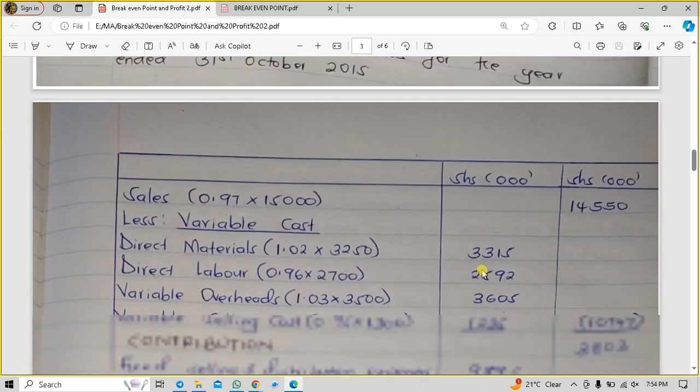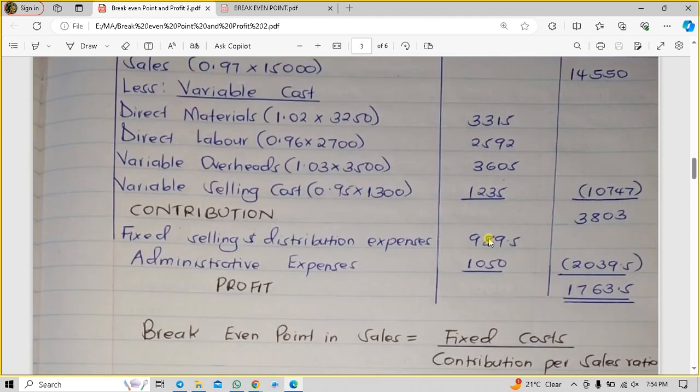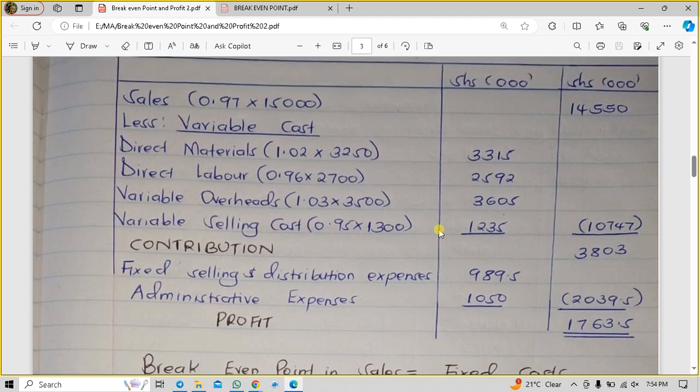So those ones will not change, so there is no reduction or increase. So our total fixed expenses is 2039.5. So our profit is 1763.5. That is our profit, and that is how we are able to get our profit.